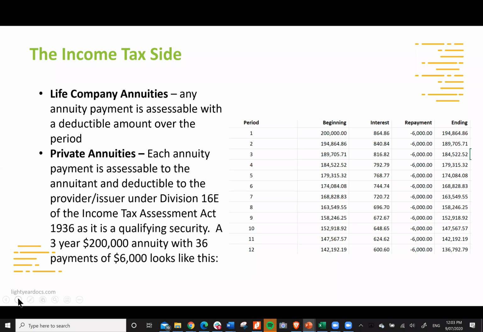If I've got $200,000 over 3 years and I receive a number of payments, each of those payments has what we call a deductible amount under Section 27H of the Income Tax Assessment Act. It's a straight line write-off of your capital over a period of time if it comes from a life insurance company, which isn't too bad from that perspective.